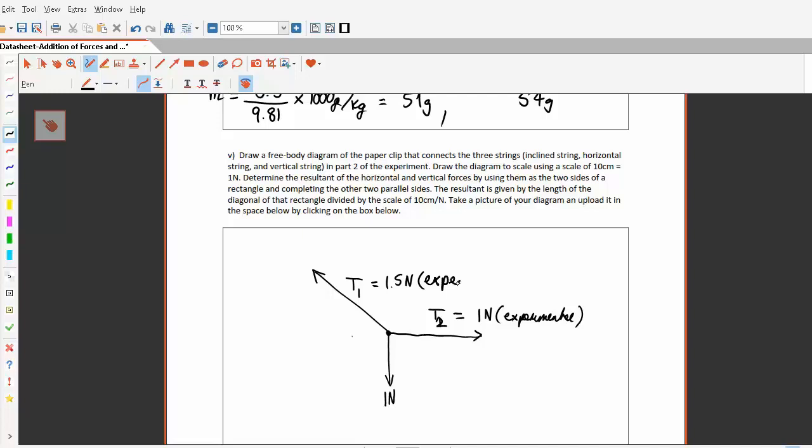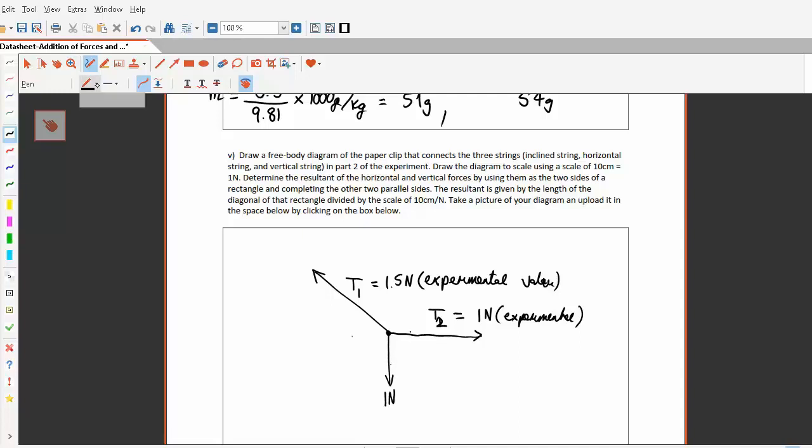And that was my experimental value. So what we had to do actually was to draw the diagram to scale using a scale of 10 centimeters equals 1 newton and determine the resultant of the horizontal and the vertical forces.